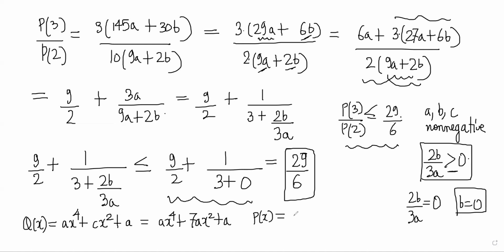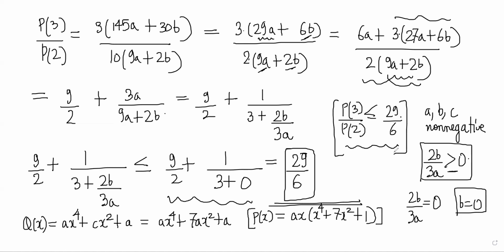So that would be basically a times x, common, x to the power 4 plus 7x square plus 1. This would be your p of x such that the ratio p of 3 by p of 2 is equal to 29 by 6. And if b is not equal to 0, then the ratio is always less than or equal to 29 by 6.